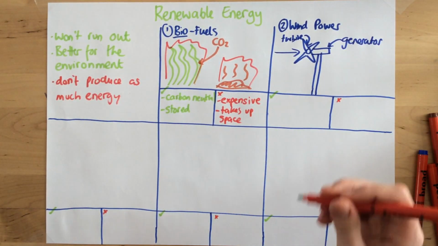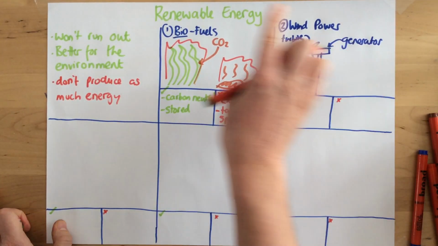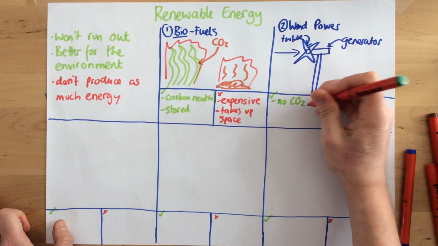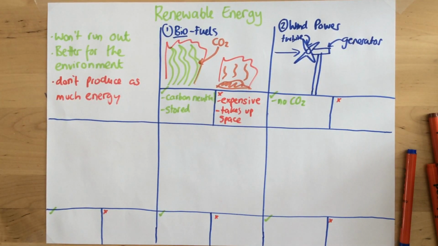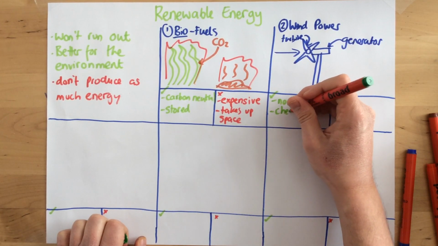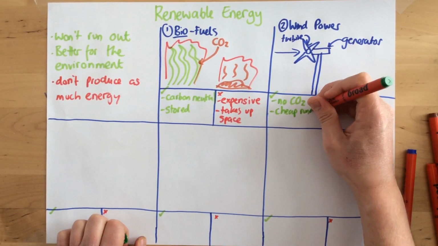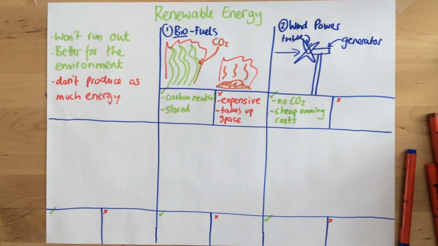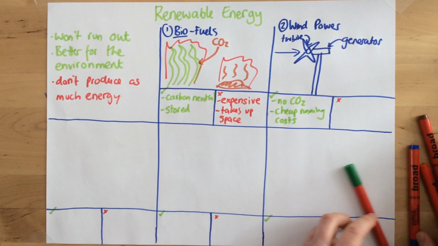Now the positive things about wind power, just like many of these types of renewable energy, is they don't release any carbon dioxide, so they don't release any pollutants into the air. Also, once it's built, it actually has cheap running costs. So it's not expensive once the actual turbines are built in the first place.